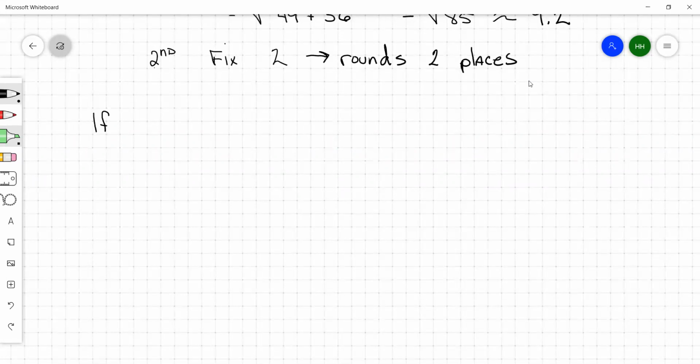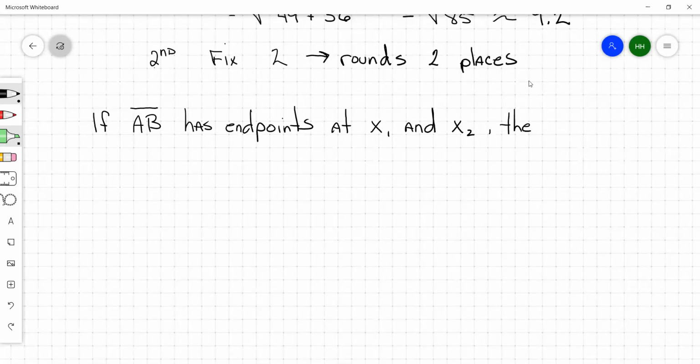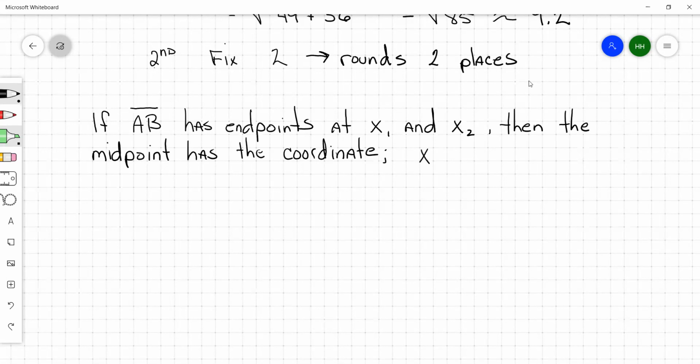If segment AB has endpoints at x sub 1 and x sub 2, then the midpoint has the coordinate x sub 1 plus x sub 2 divided by 2.